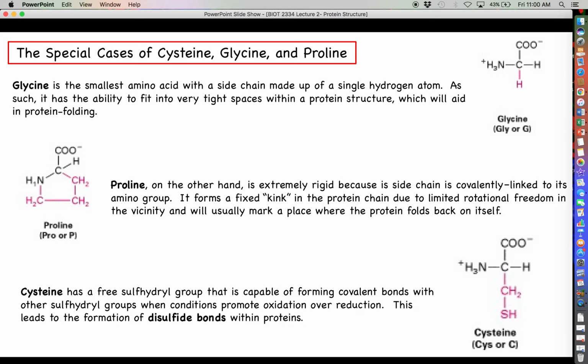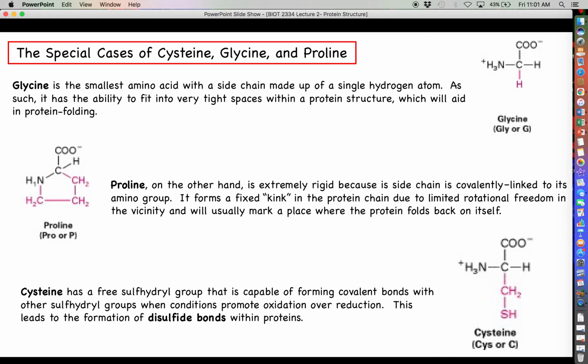And then another amino acid that we want to highlight is the amino acid cysteine. Cysteine has a free sulfhydryl group. That's what we call the SH functional group here. And this sulfhydryl group is actually capable of forming covalent bonds with other sulfhydryl groups, like those found in other cysteine amino acid side chains. So when you get a covalent bond formed between a sulfhydryl group here and another sulfhydryl group, that is an oxidation event.